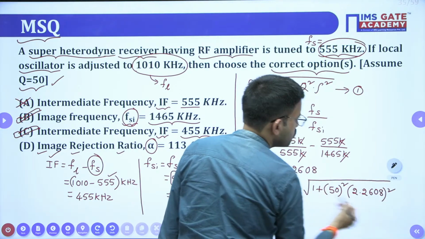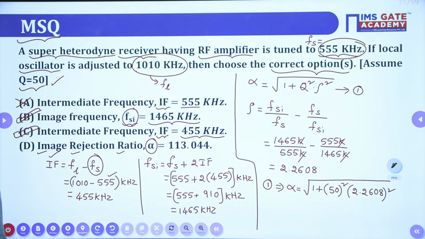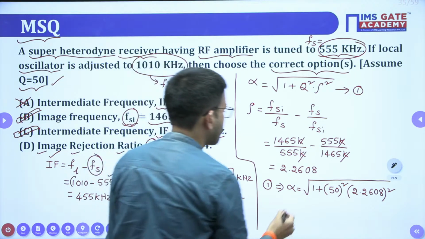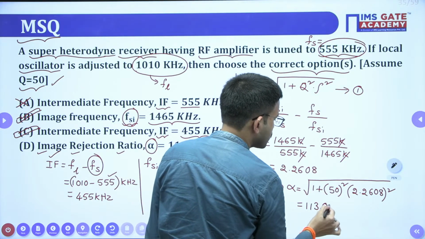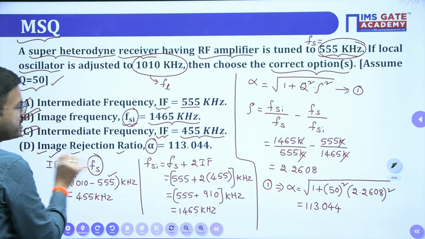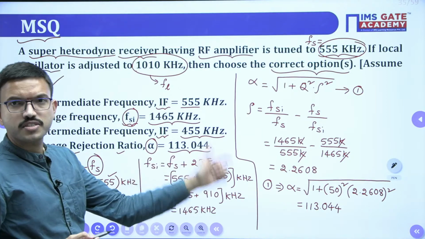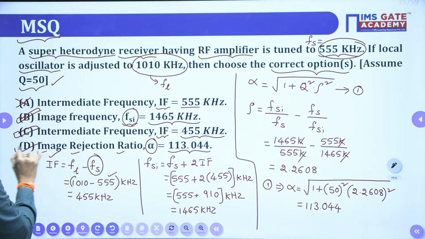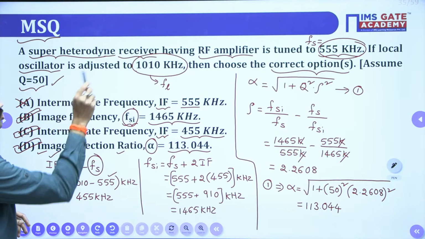Just use the calculator and you will get this value as 113.044. Whatever they have mentioned regarding option D, image rejection ratio 113.044, you will get the same answer. So for this question 3 choices are correct: option B, option C and option D. This question is regarding superheterodyne receiver.